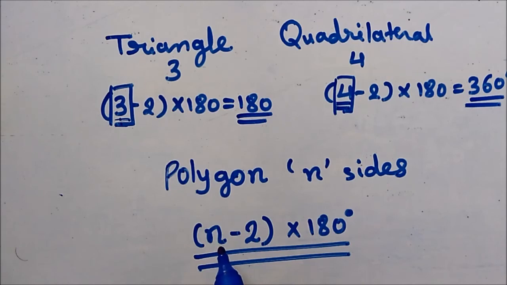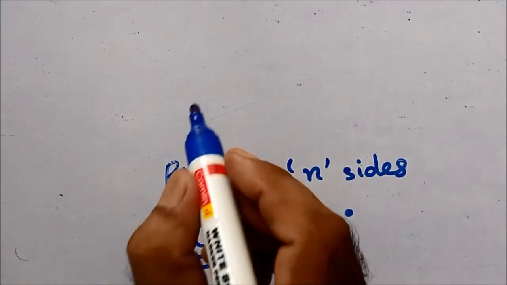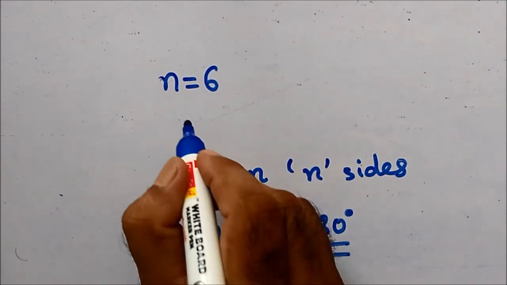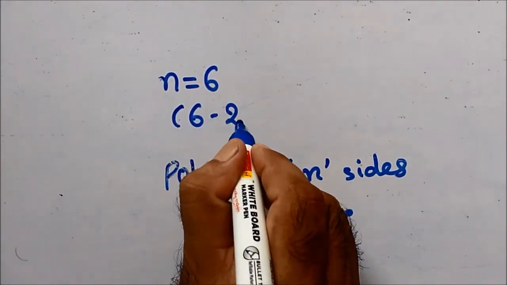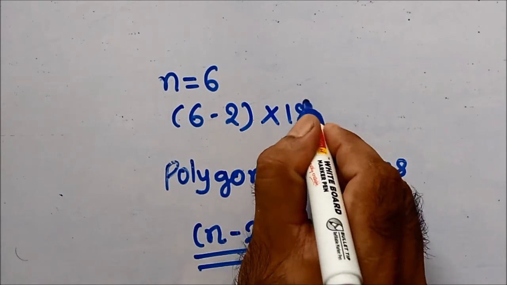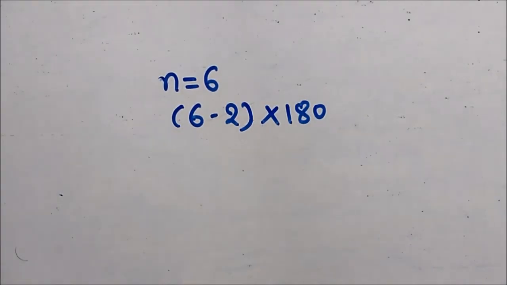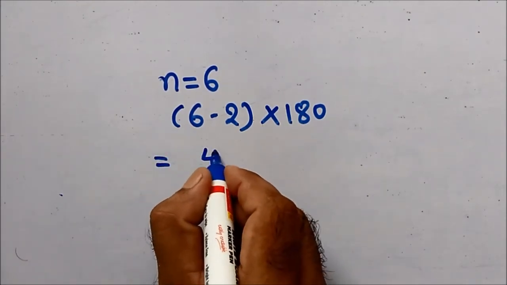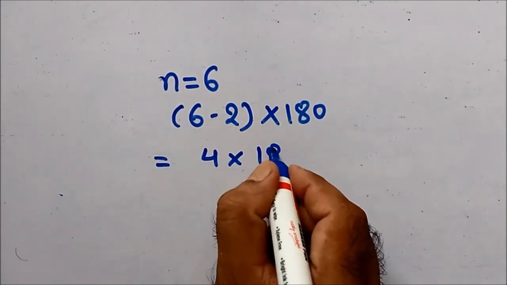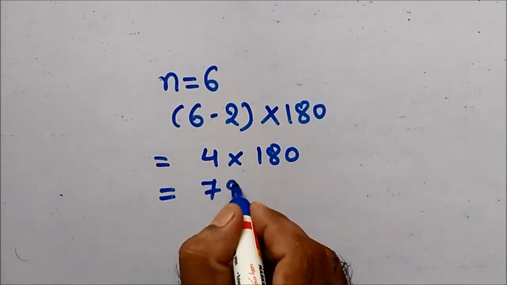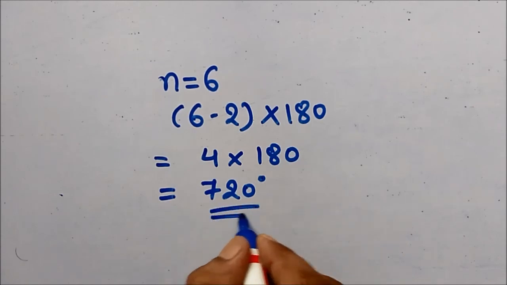Let's take an example. Instead of n, let's take a hexagon. We have n equal to 6. So now substitute: 6 minus 2 into 180 gives us 4 into 180, which is 720 degrees.